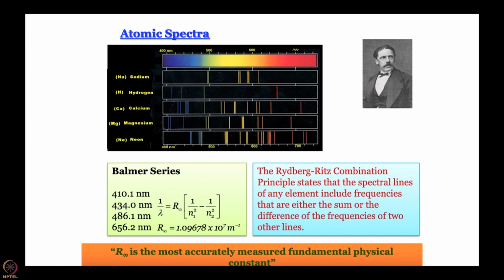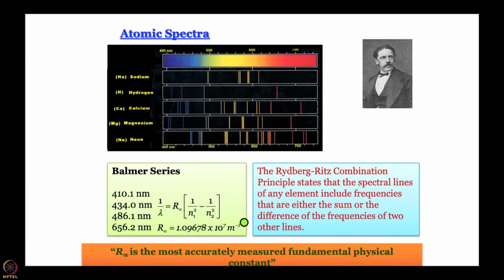Okay. So, this is known, and different series of lines were observed, and mainly we will focus on the hydrogen emission spectrum. The 5 series of lines that were found were Lyman, Balmer, Paschen, Brackett, Pfund, and for each of these n1 was constant and n2 varied.